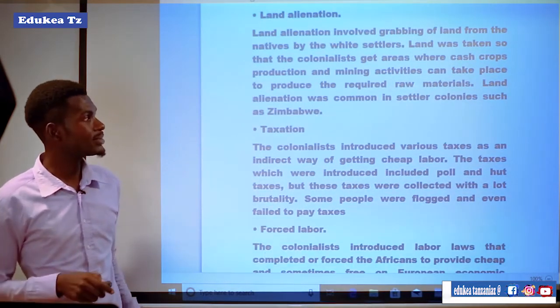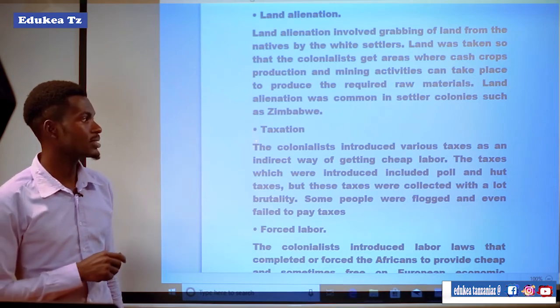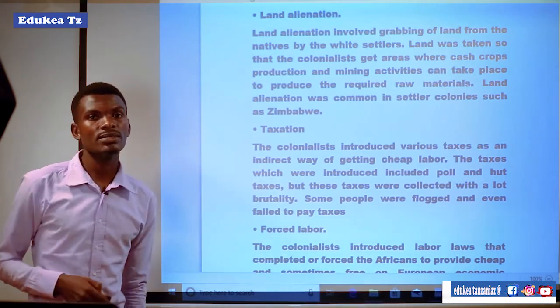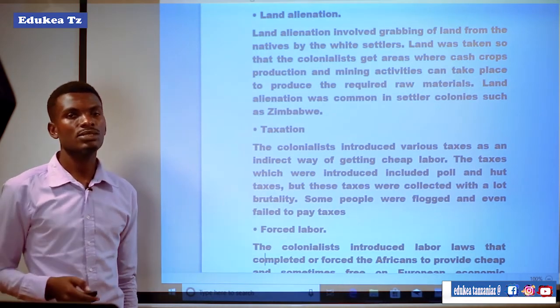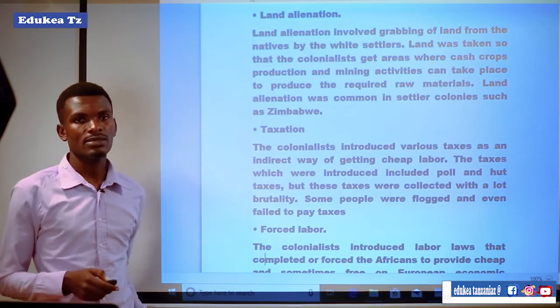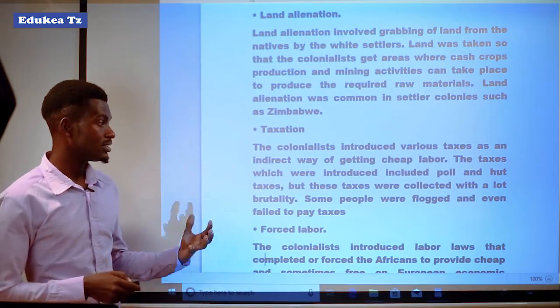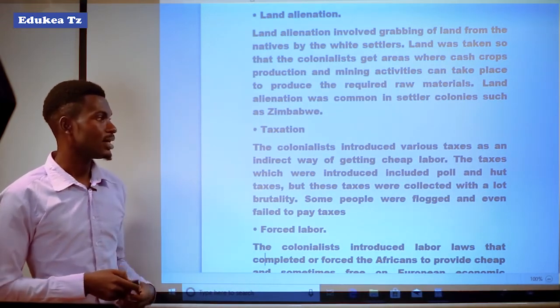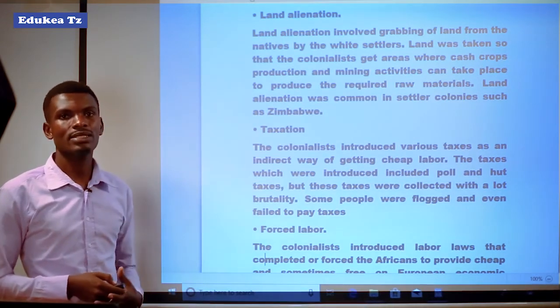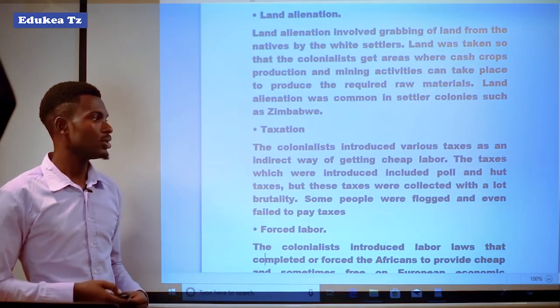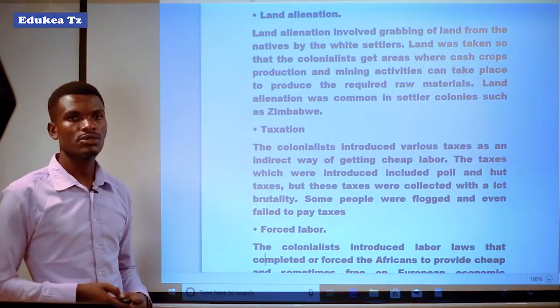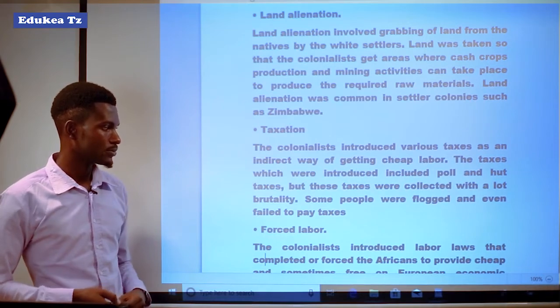Another kind of exploitation was taxation, whereby the colonialists imposed taxes on the Africans. The Africans were supposed to pay tax, for example hut tax, poll tax, dog tax, and other taxes which were introduced by the colonialists in the African colonies.